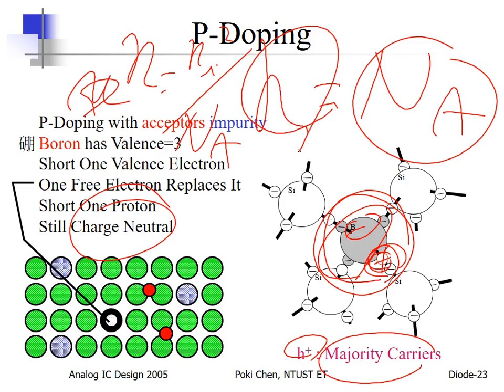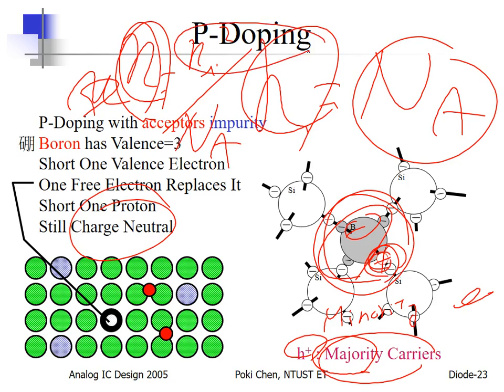My concentration is much larger than yours, so I am the majority carrier. You are only the minority carrier. Majority and minority mean which carrier dominates the current conduction in the material. In a p-type semiconductor, you have much, much more holes than electrons, so holes are majority and electrons are minority.